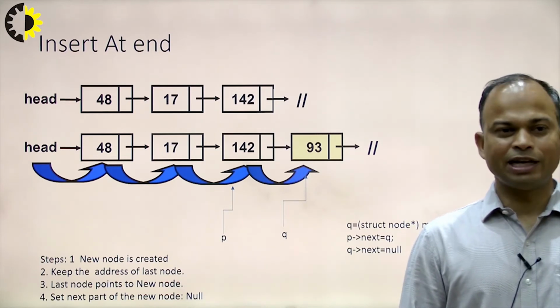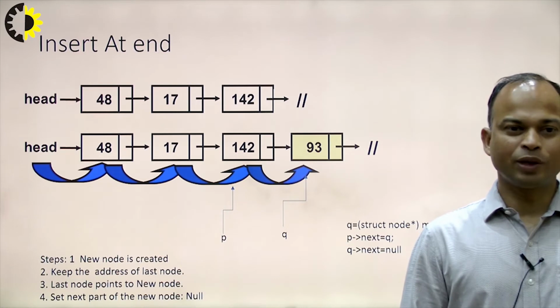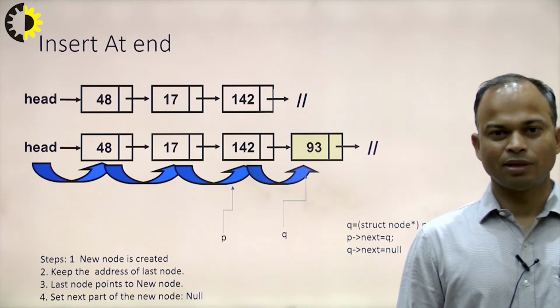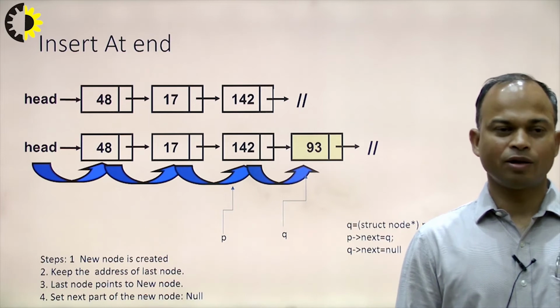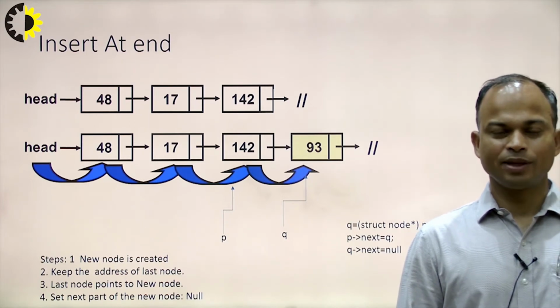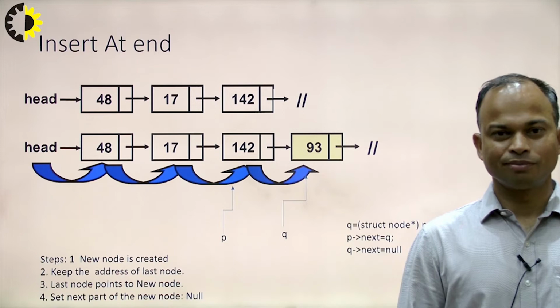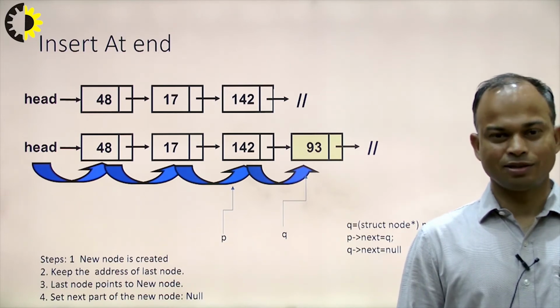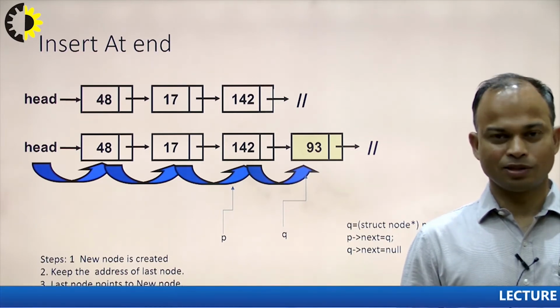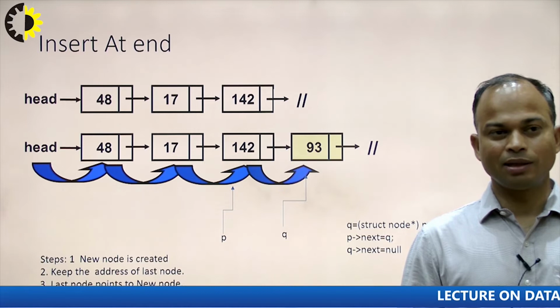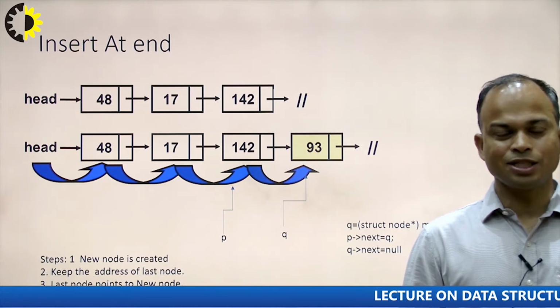The procedure is very simple. We want to create a node first, and the address of the newly created node is assigned into the pointer. This pointer is Q, and we need the address of the last node. Therefore, we have to find the address of the last node, I mean the address of the third node, because the third node is the last node.